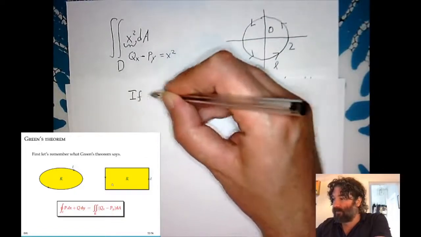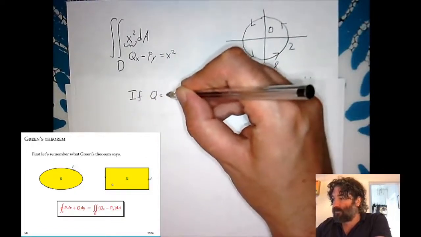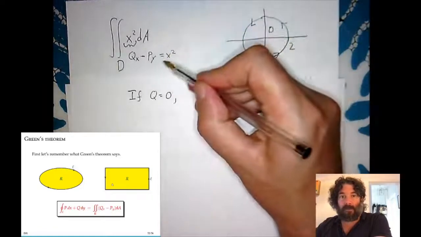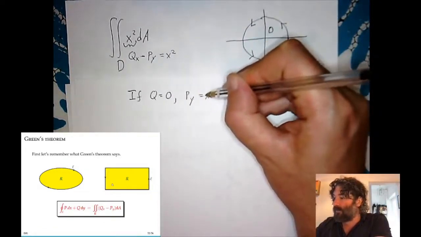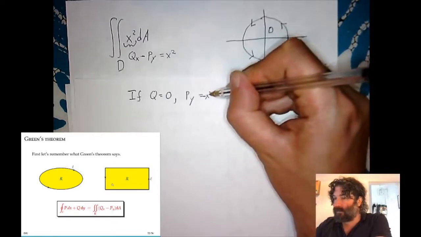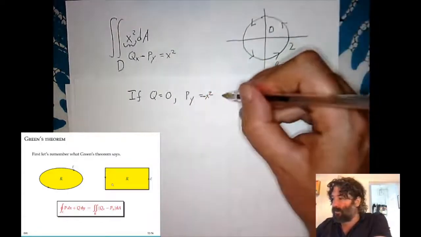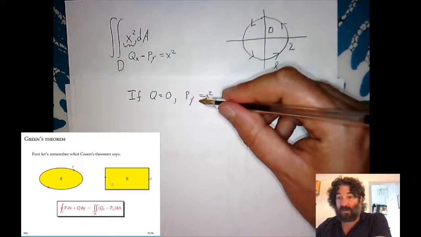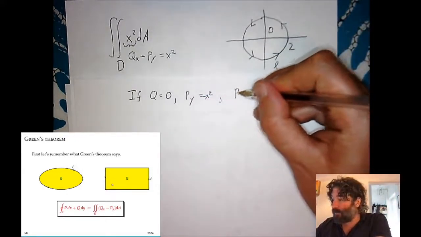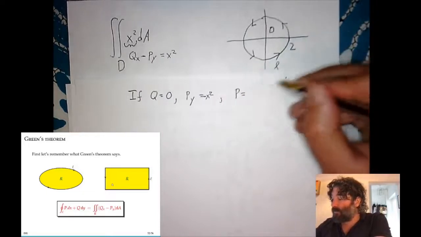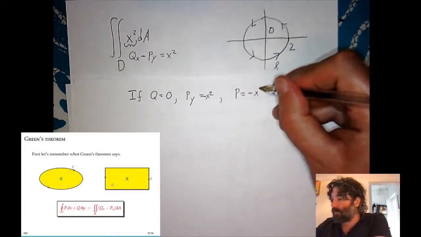So if q equals 0, then we need py equals negative x squared. And so when we find the indefinite integral of x squared with respect to y, we just get p equals negative x squared y.